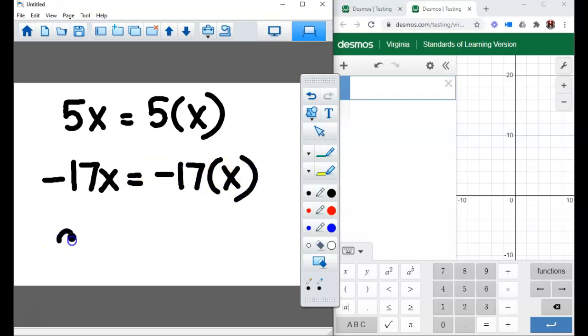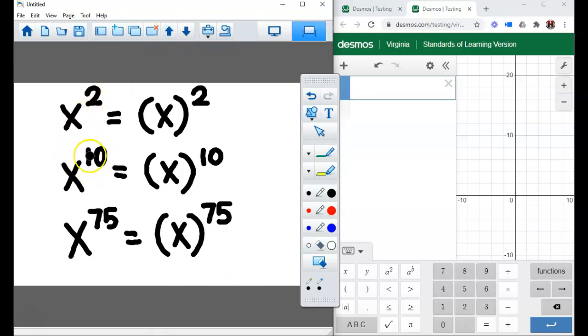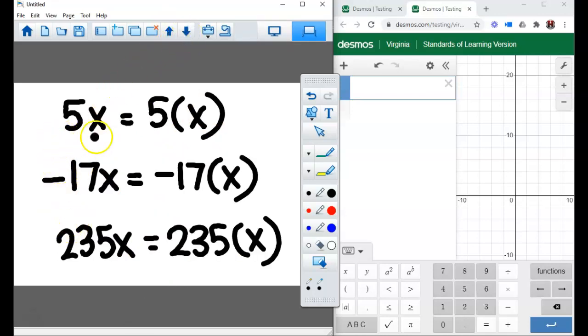If I see 235x, just showing you that it doesn't matter what that number is, we do it the same. That would be 235 parentheses x. So those are the two times. If I see x raised to any power, I've got to put just that x in parentheses. And if I see a number in front of x that's multiplying it, then I need to put just that x in parentheses.